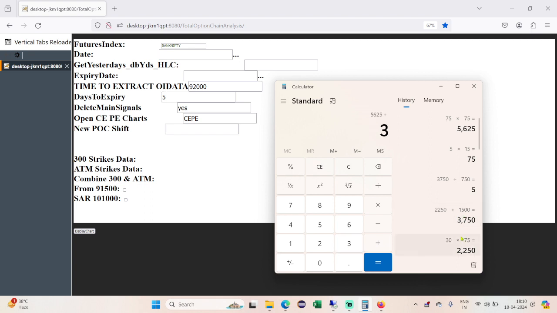That would be 3750. Now to know the lot size to be traded for the third signal, we divide it by 750, that is 13. 13 into 15. Again, if we lose 75 points, that would be 14,625, and the total losses till the third signal is 9,375.